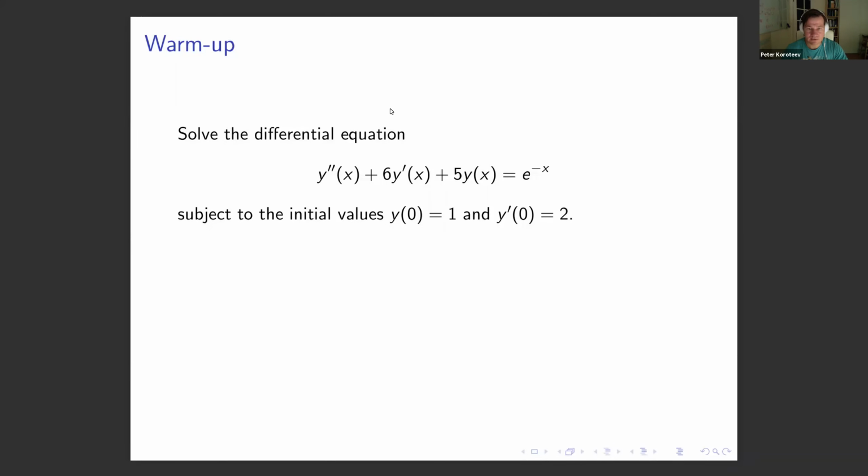A recap. So in order to solve this differential equation with initial conditions, y of 0 is equal to 1 and y prime of 0 is equal to 2, we consider the auxiliary polynomial z squared plus 6z plus 5, which you can easily factor into z plus 1 times z plus 5.